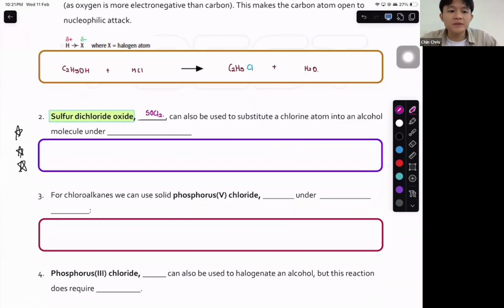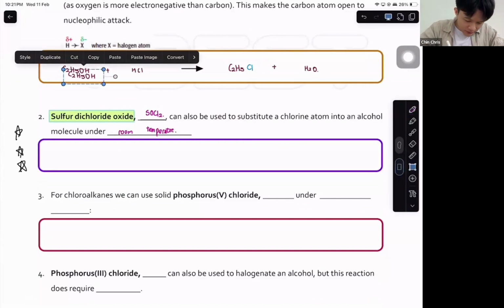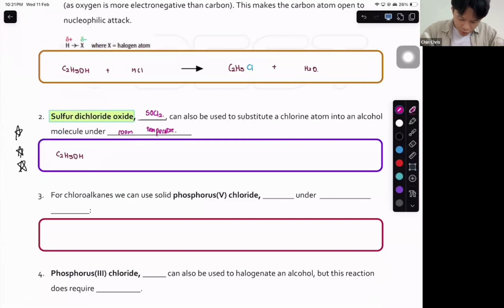Alright guys, I can substitute a halogen Cl into an alcohol with SOCl2 under room temperature. Okay, let's say if I take the same thing plus SOCl2. So what it's going to turn into? I'll give you the equation.